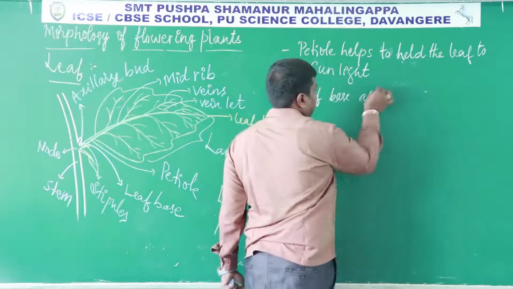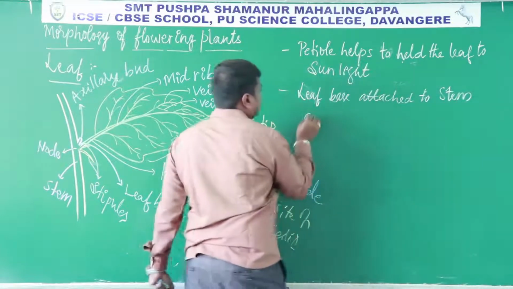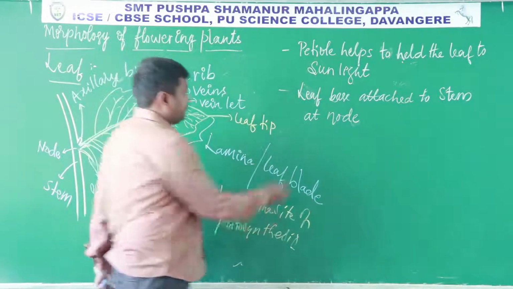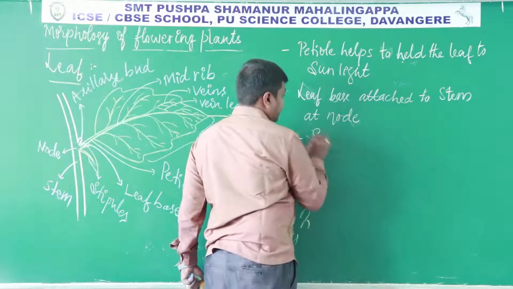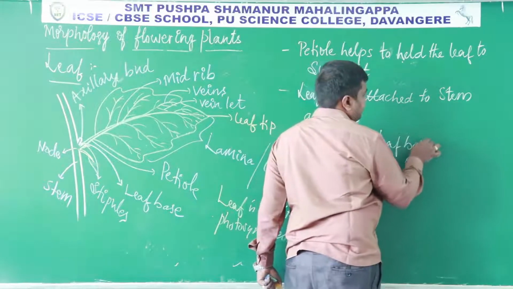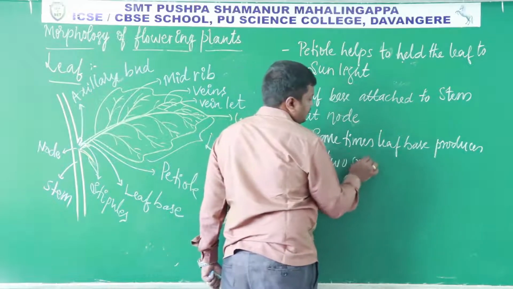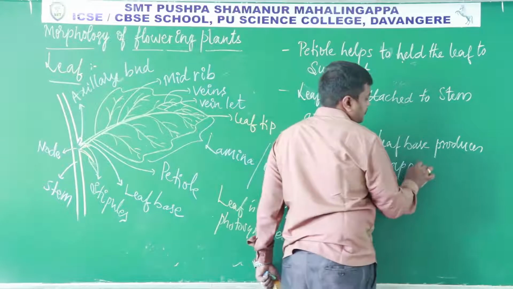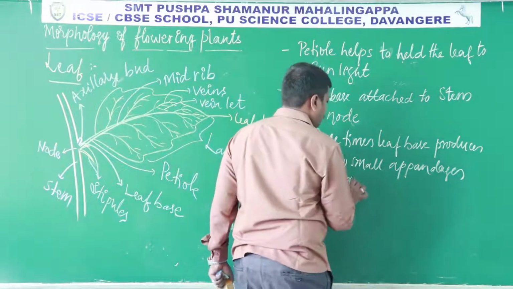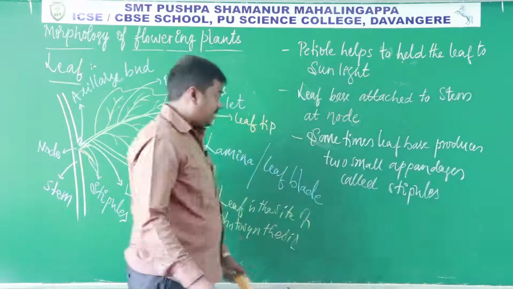The leaf base is attached to the stem at the node. Sometimes the leaf base produces two small appendages, called stipules.